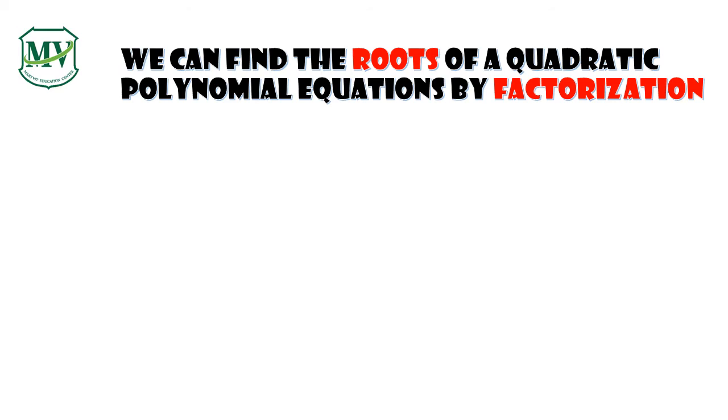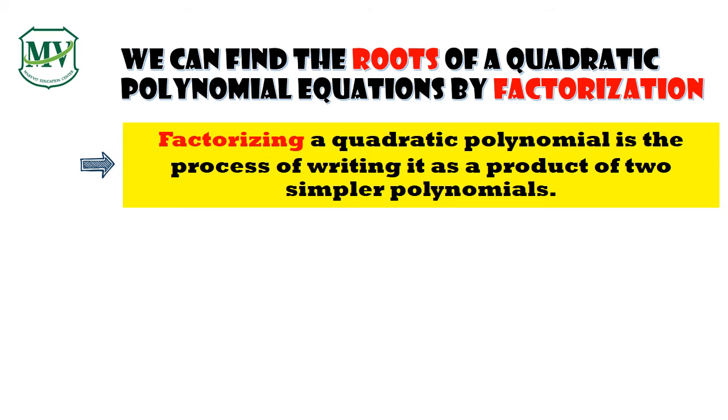So, we can find the roots of quadratic polynomial equations by factorization. So what is factorization? Factorizing a quadratic polynomial is the process of writing it as a product of two simpler polynomials. For example, we have x squared minus 1 is equal to 0.